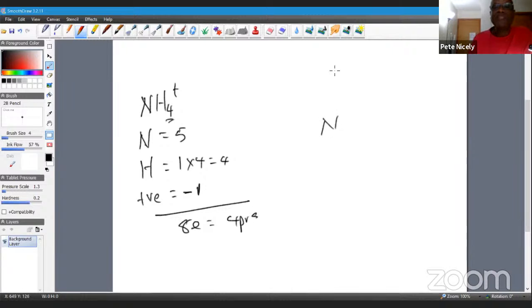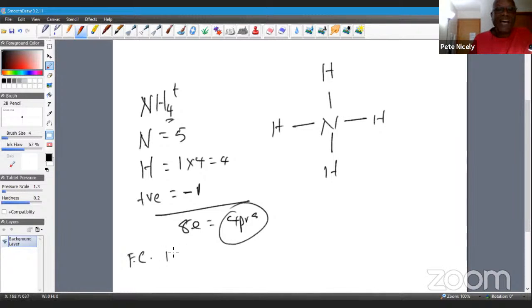We put the nitrogen in the middle, surrounded with the hydrogens. Right? We have 4 pairs to play with. 1, 2, 3, 4. And then we calculate the formal charges. For the hydrogen, that would be group 1 minus half the number of bonding pairs, which is 2 for each hydrogen, minus 0 equals 0.